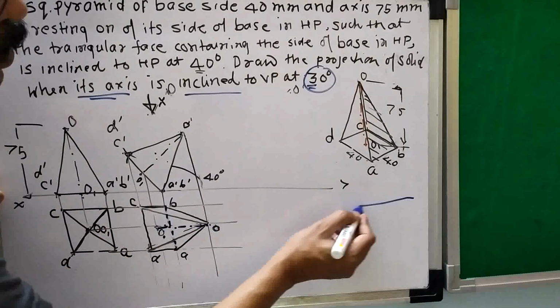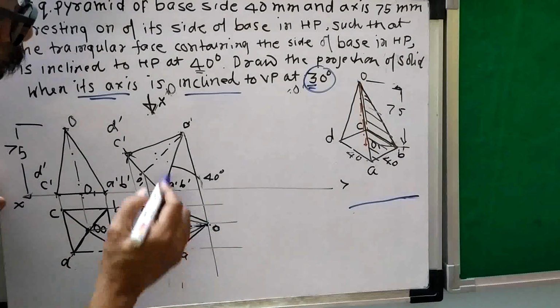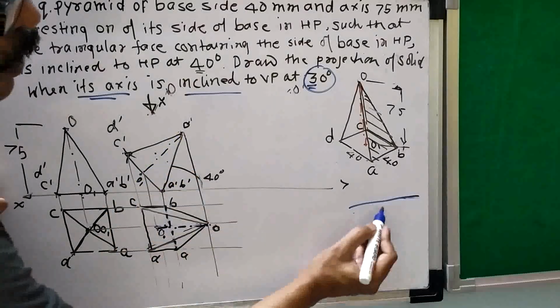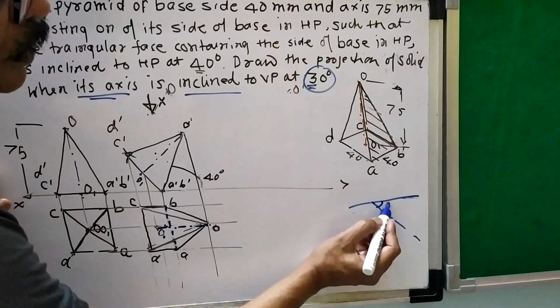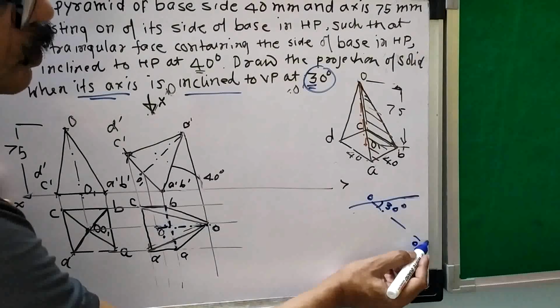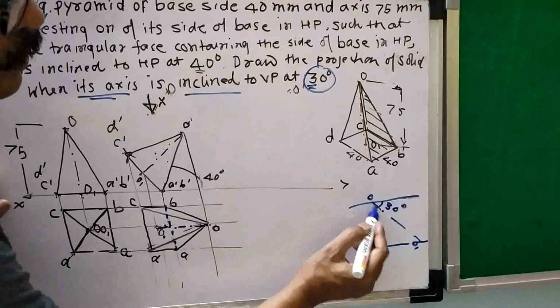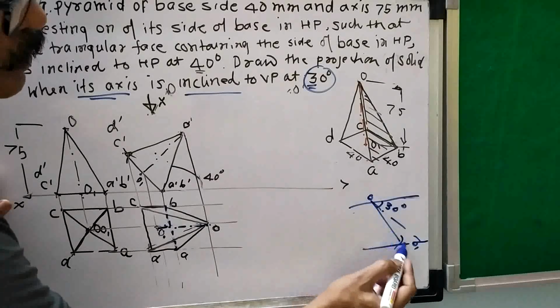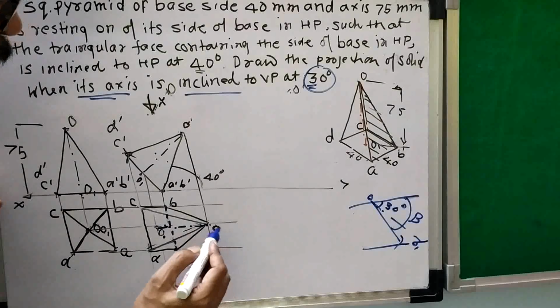How? We will draw one horizontal line. Then we will take this original axis OO1 at an angle of 30 degree. Draw a horizontal line and then cut this apparent axis, join this, and you will get this beta angle. Use this beta angle.